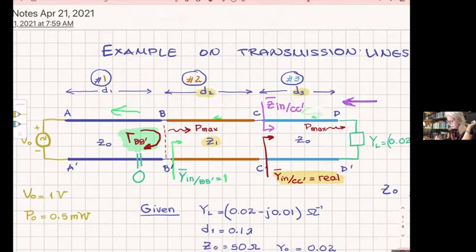So yes, there is a reflection at the points CC prime, DD prime, but as the waves reflect, they all come with a phase, because their phase changes. So eventually they all sum up to give 0 reflection here.